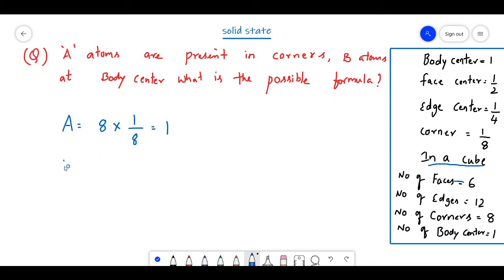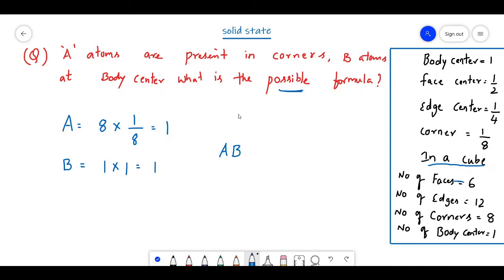In the same way, calculate for B also. So for the B, atoms are present at the body center. So in a cube, body center is 1 and the contribution is also equal to 1. So 1 into 1 which is equal to 1. Now the possible formula is nothing but it is AB.